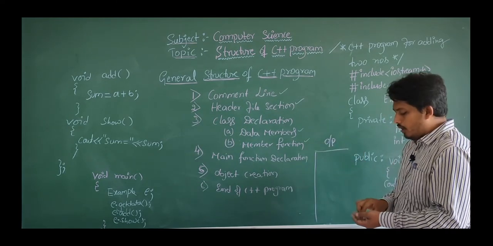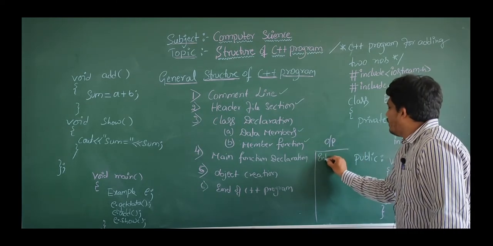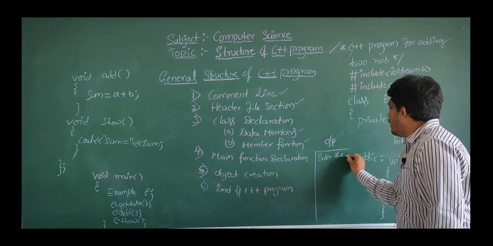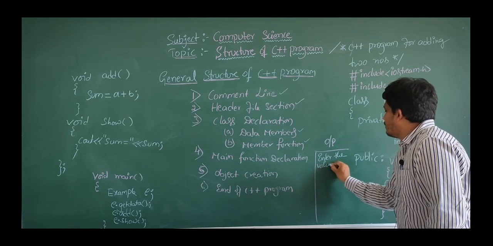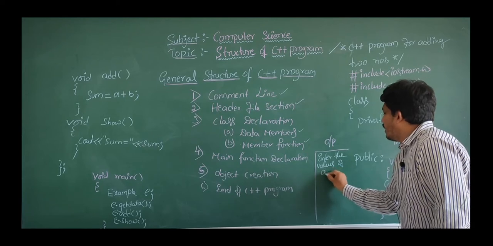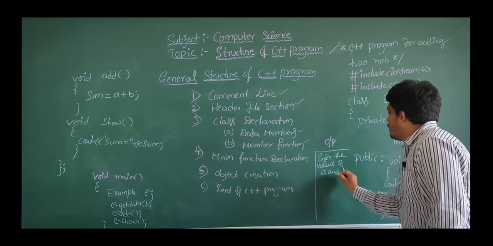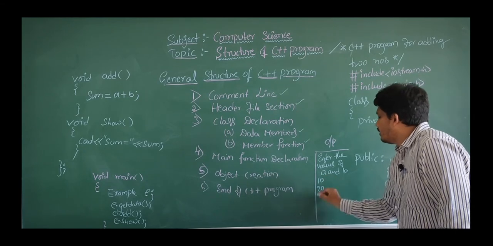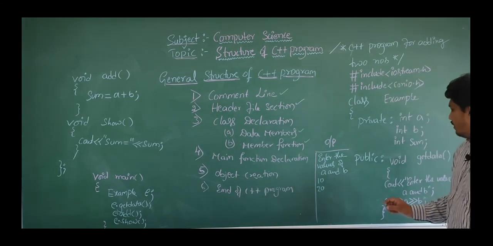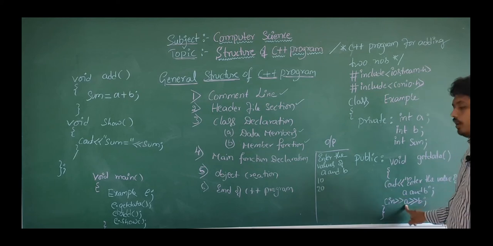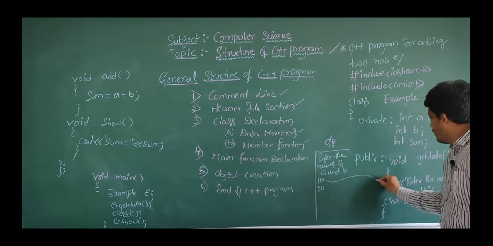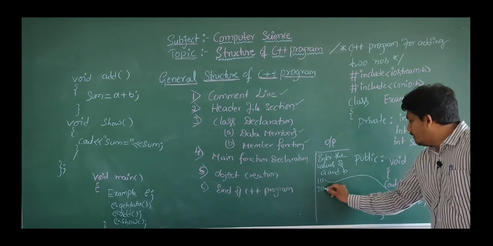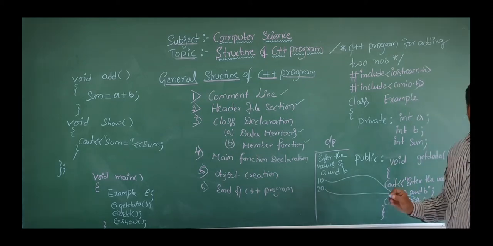It asks the user to enter the values of A and B. So I can give any values. Here I am giving 10 and 20. So I have given values 10 and 20. 10 will be stored in your A variable and 20 will be stored in your B variable.